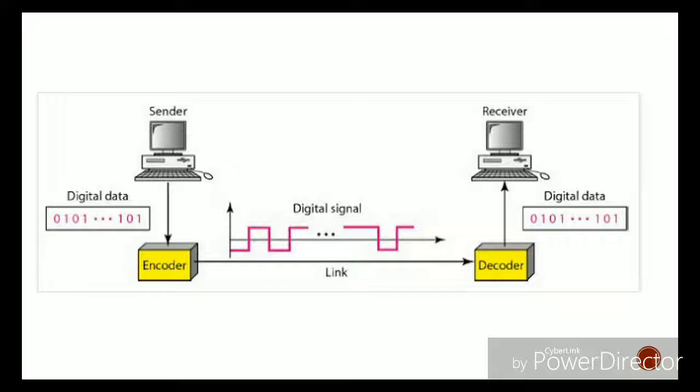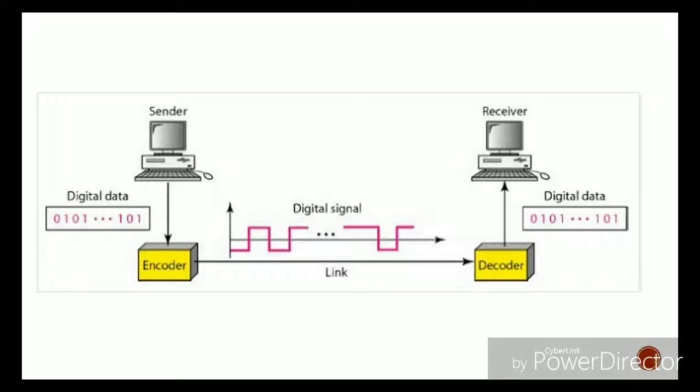So, in order for us to do this task, we first have to convert the information from the sender into digital data. Digital data is what you can see there, 0101. It can be any combination of zeros and ones.